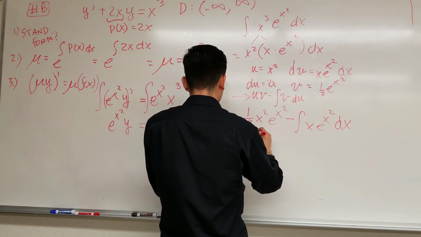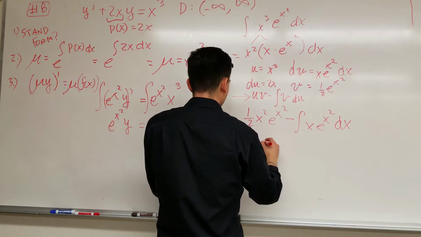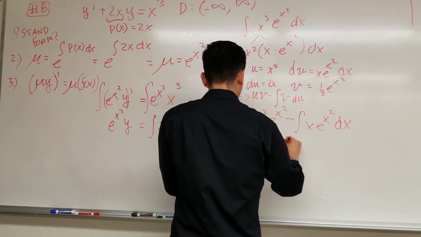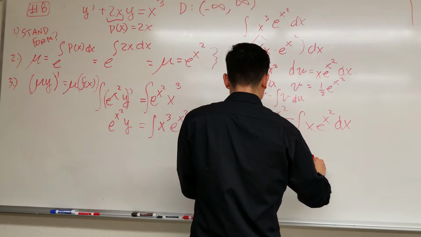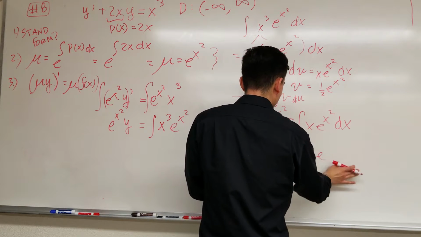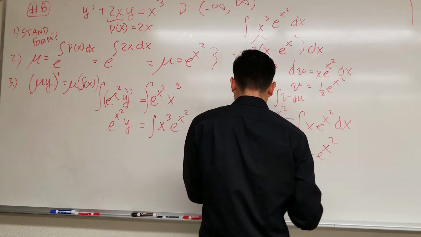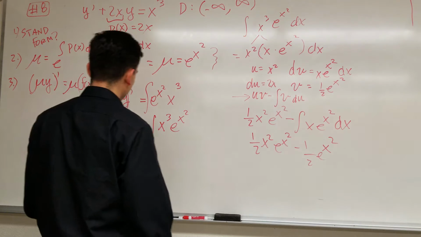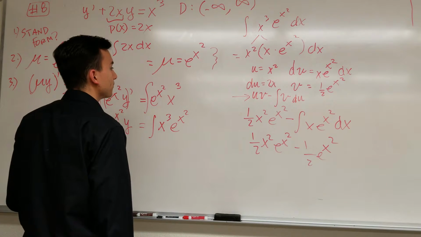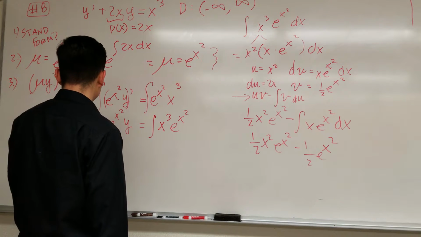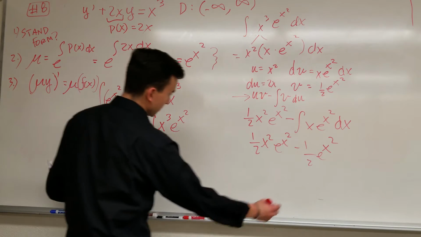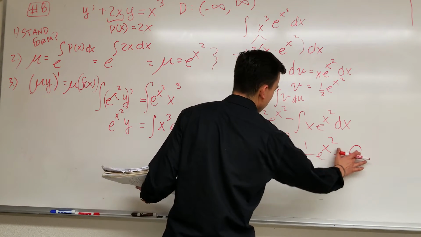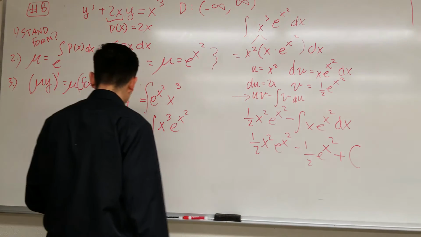Great, now I'm going to get 1 over 2 x squared e to the x squared minus 1/2 e to the x squared, and this is plus c. That looks like an e, but it's plus c.